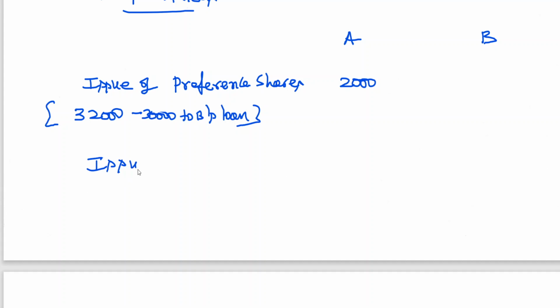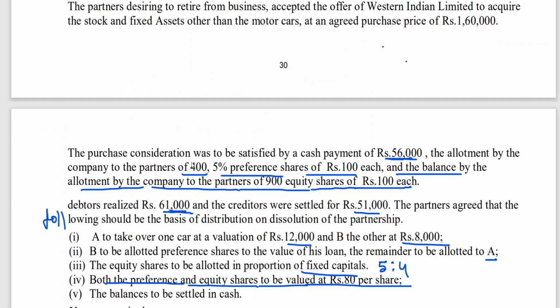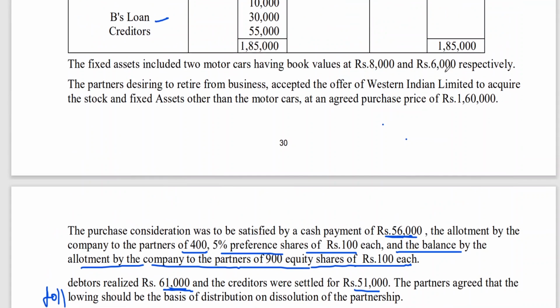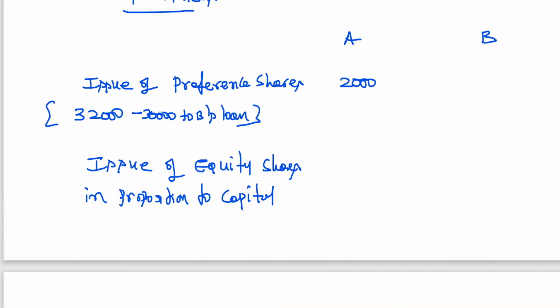Issue of equity shares in proportion to fixed capital. He has used the term in proportion to fixed capital. We have got current accounts also, but he is talking about only fixed capital.